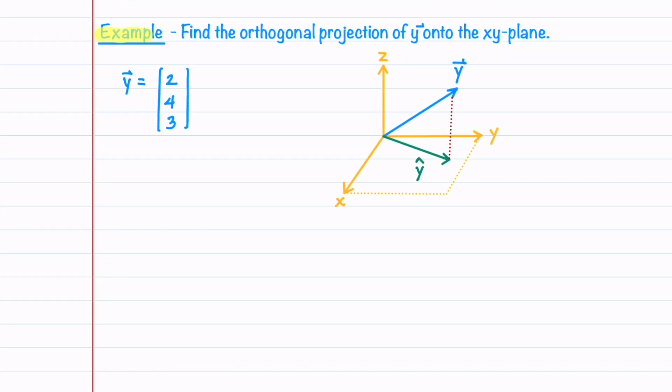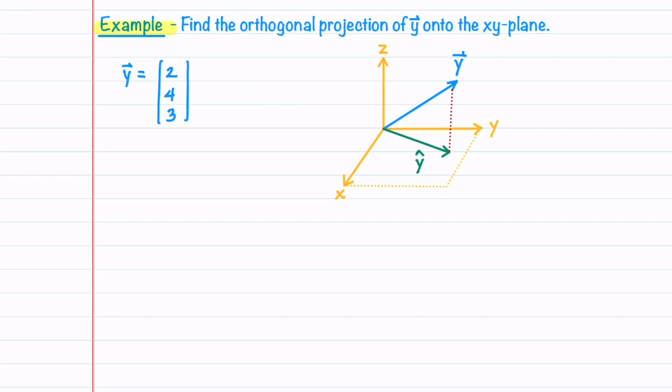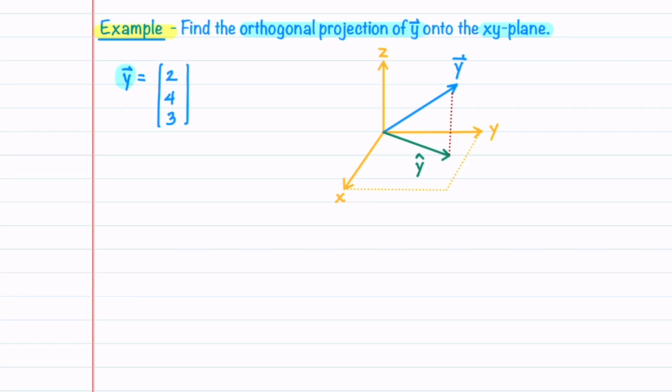Let's now look at an example where we're going to find the orthogonal projection of a vector y onto the xy plane. On the right, I've drawn vector y and what its projection onto the xy plane looks like. The first thing we need to do is find an orthogonal basis for the xy plane.